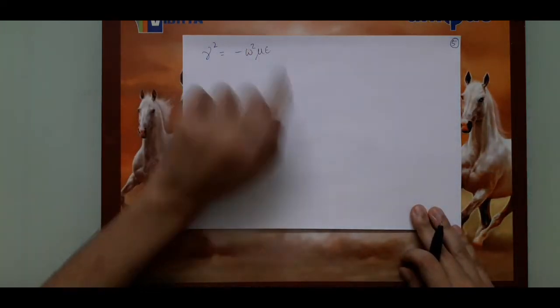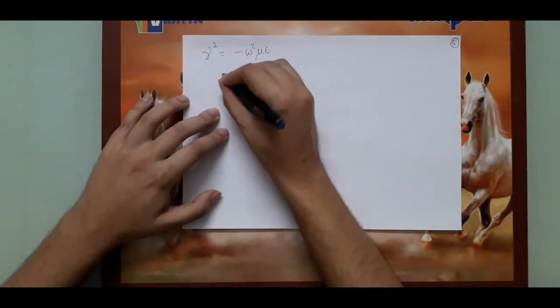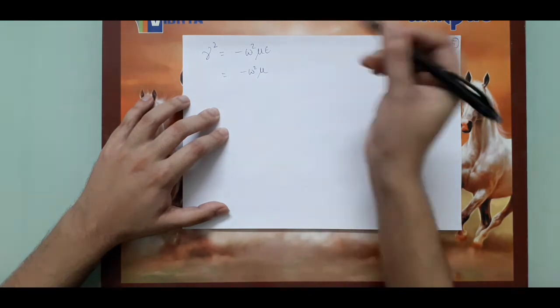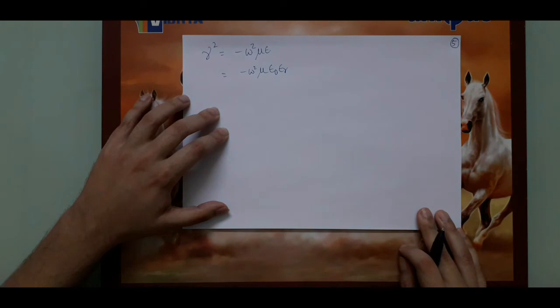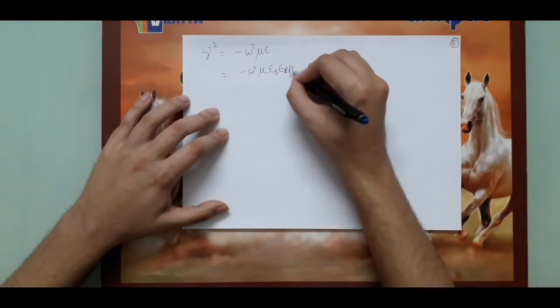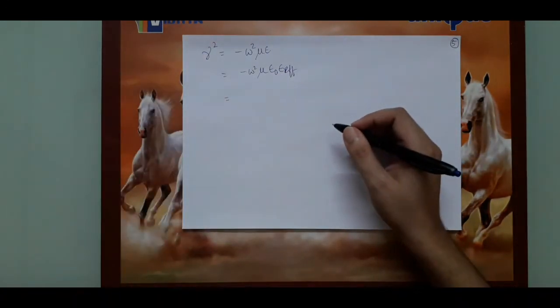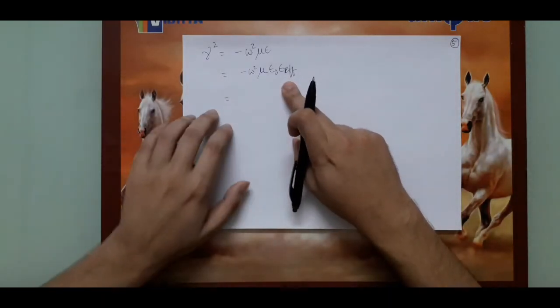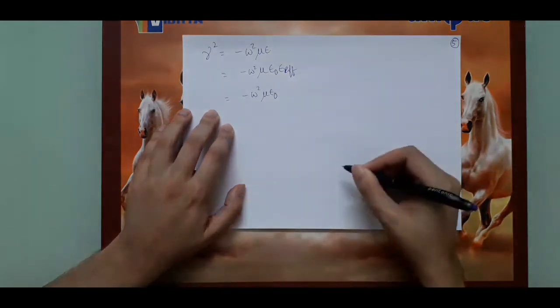Now epsilon is a complex quantity, so we cannot say that it is a lossless medium. Omega square mu will not change, but epsilon 0 epsilon r should actually be epsilon effective. Substituting what we have got into this equation, we get minus omega square mu epsilon 0.